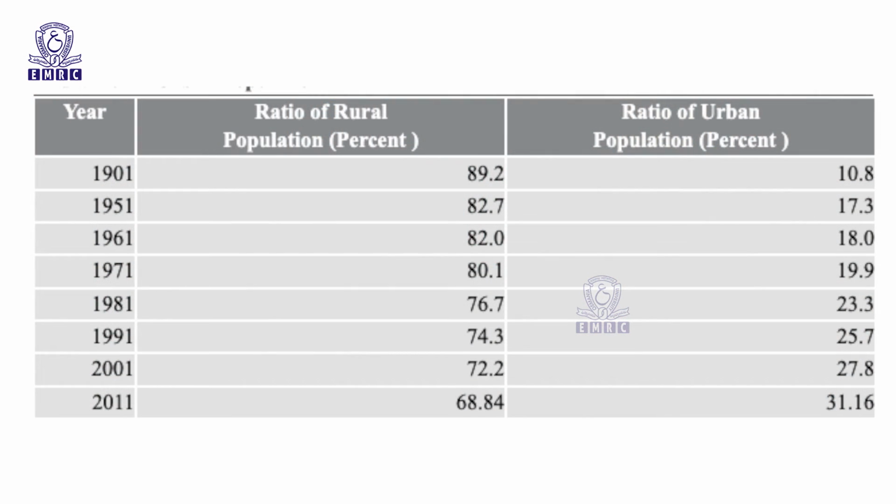The ratio of urban to rural population in different census years is shown in the following table, and from this table we can see that in 1901 the urban population of India was 10.8%, which rose to 31.16% in 2011. In 2011, about 69% of the total population was in rural areas or villages and 31% lived in urban areas.